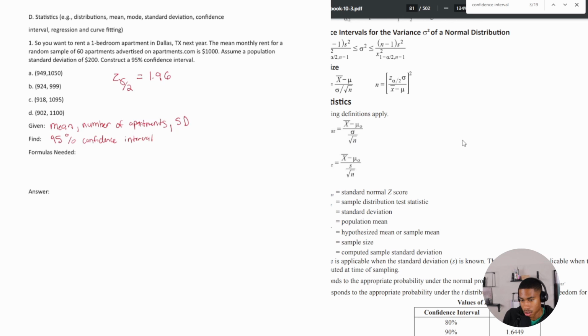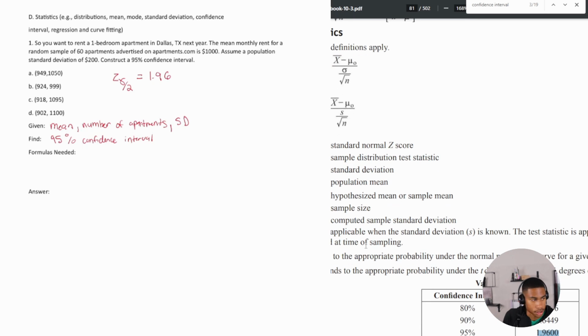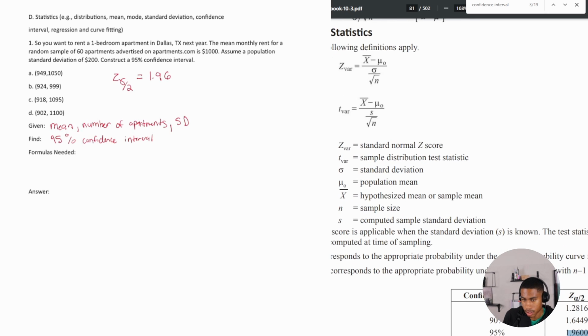So if you didn't know what these symbols mean, all right, here's a perfect place to go to start seeing some of this stuff. So Z variable is the standard normal Z score. Test statistic, this symbol stands for standard deviation.